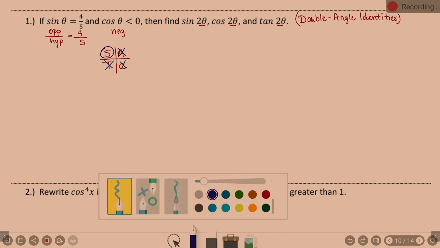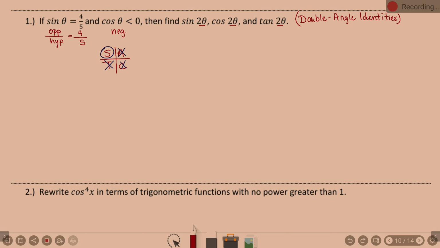Okay. So if we think of drawing this triangle in quadrant 2, remember your angle in question is at the origin.